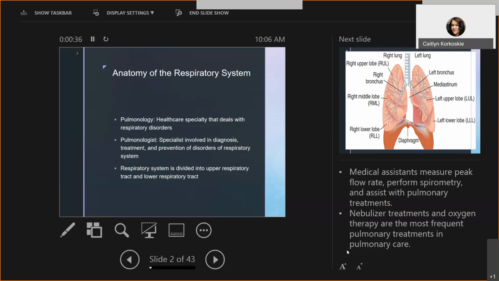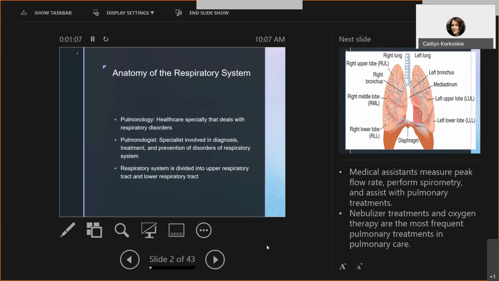So pulmonology is the healthcare specialty that deals with the respiratory system and any respiratory disorders. A pulmonologist is someone who does diagnostic testing and treatment for certain diseases or disorders of the respiratory system. The respiratory system is divided into the upper respiratory tract and the lower respiratory tract, which we will look at on the next slide.